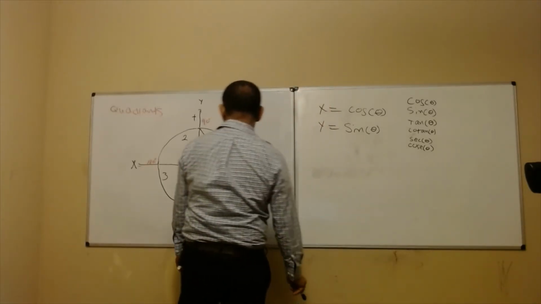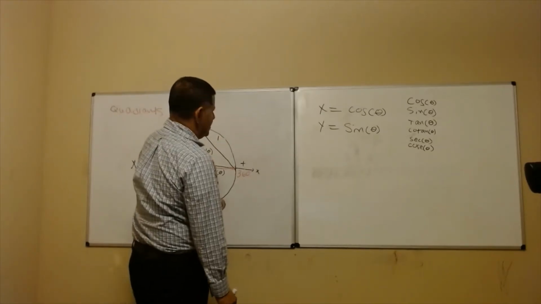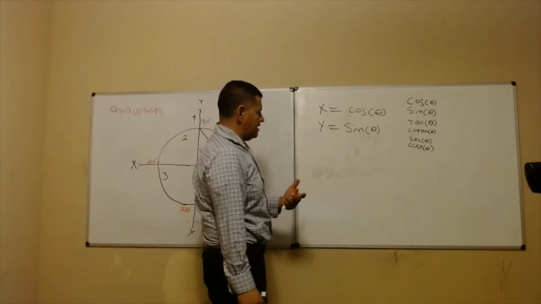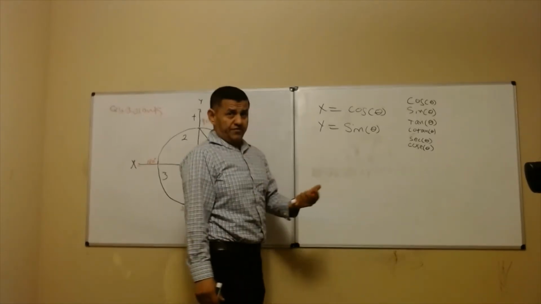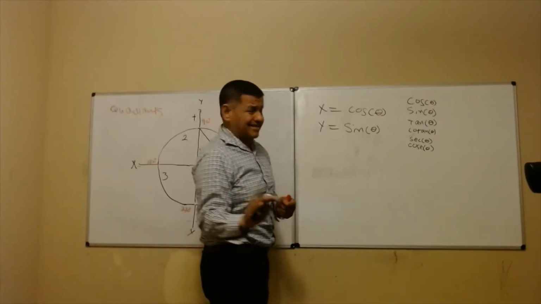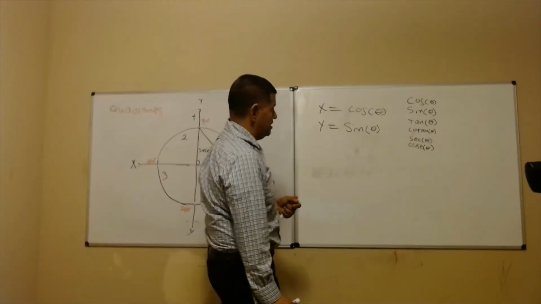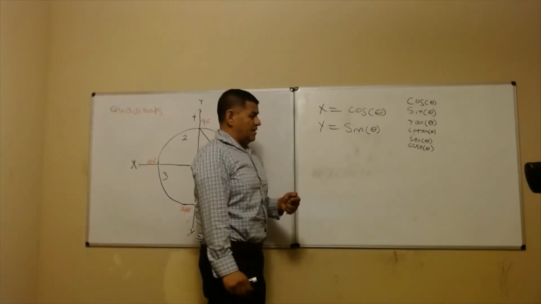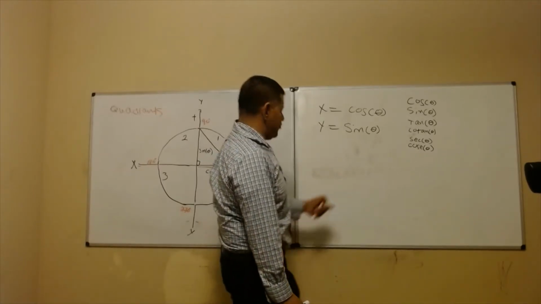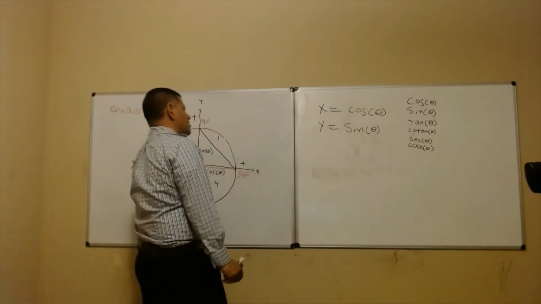Now, if you look at this quadrant right here, there are some things that mathematicians already defined. Also, it can be proved. Eventually, probably we'll do some trigonometric identities in this channel, but a lot of this stuff can be proven using the Pythagorean theorem.